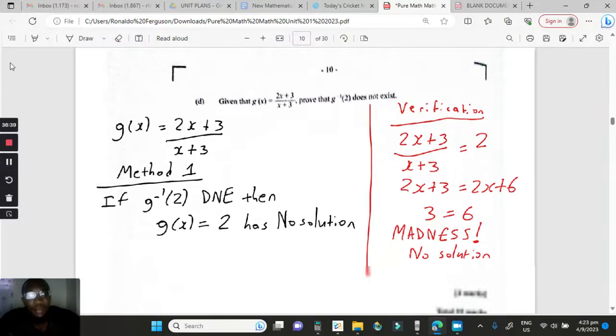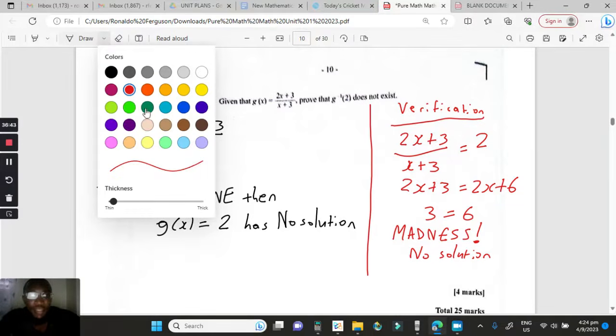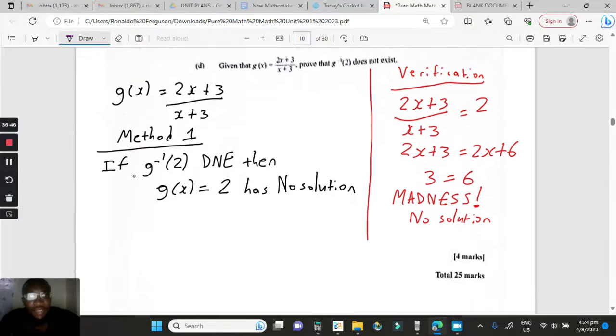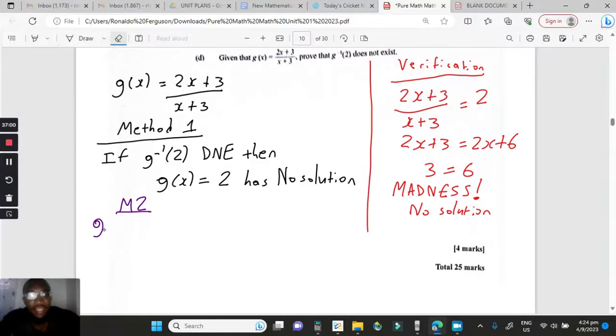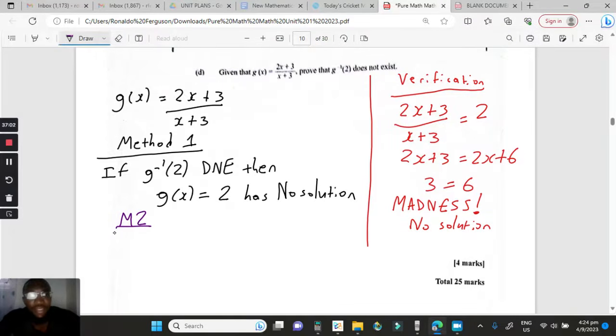But that's not the approach that many persons might take. The approach that many persons might take is they might do it this way to show the inverse of 2 doesn't exist. So this is now method 2 in purple. M2 means method 2. Many persons might end up saying, since we have g of x, let's find the inverse actually. I think this is too long though.